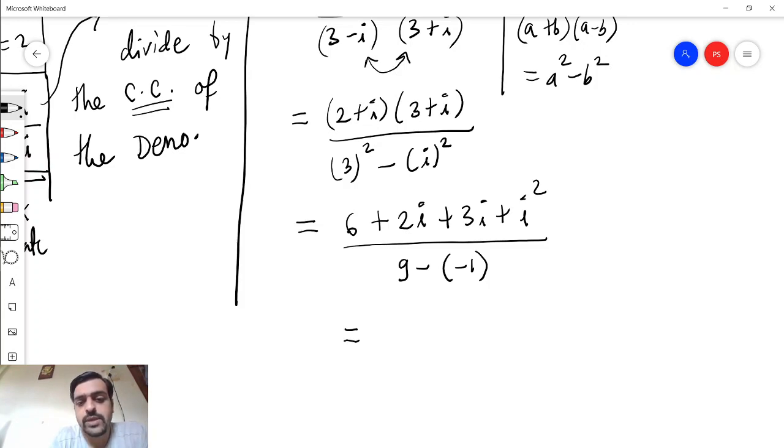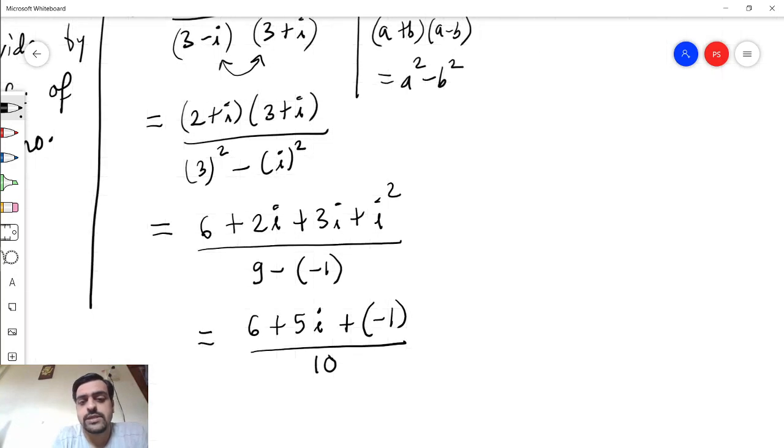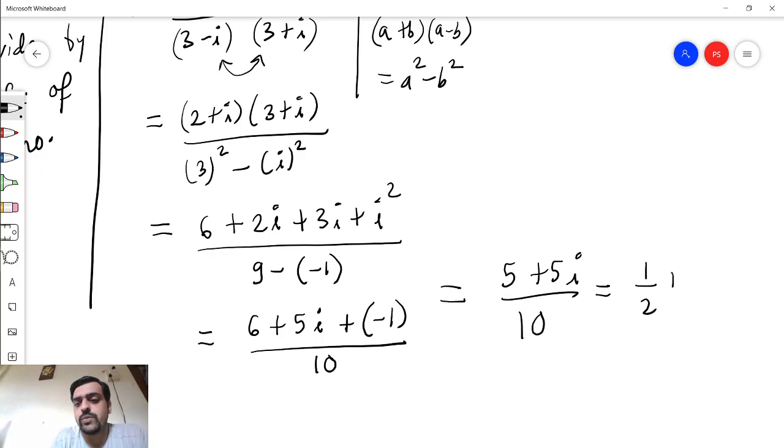So this will be 6 plus 5i plus i squared is minus 1, and 9 minus of minus 1 is 9 plus 1, which is 10. So this is further simplified to 6 minus 1 is 5 plus 5i by 10, which gives us 1 by 2 plus 1 by 2 i.